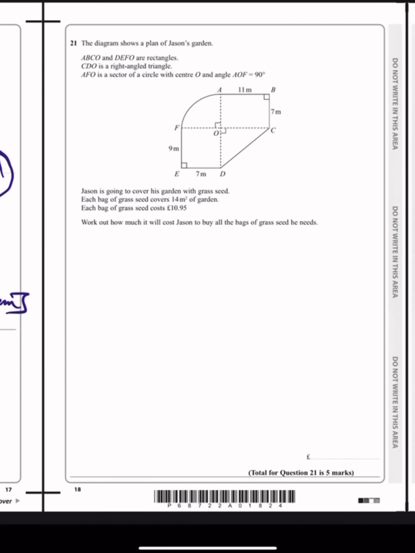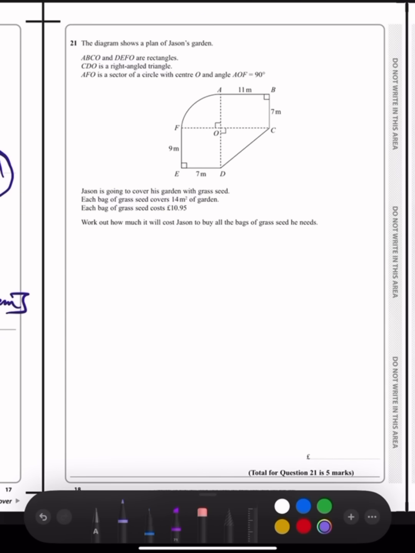Okay, so now in this one, we've been given a question that the diagram shows a plan of Jason's garden. A, B, C, O and D, E, F, O are rectangles, as you can see.